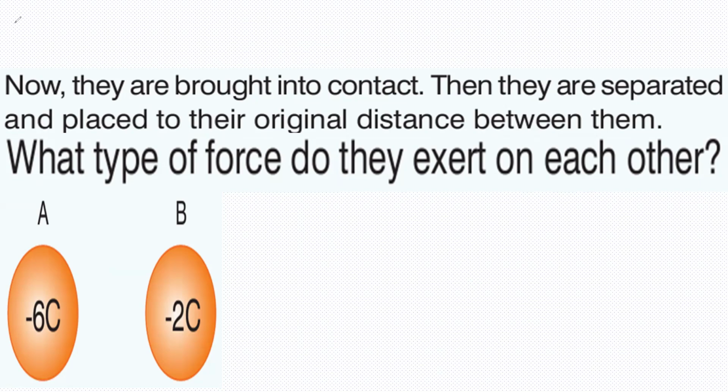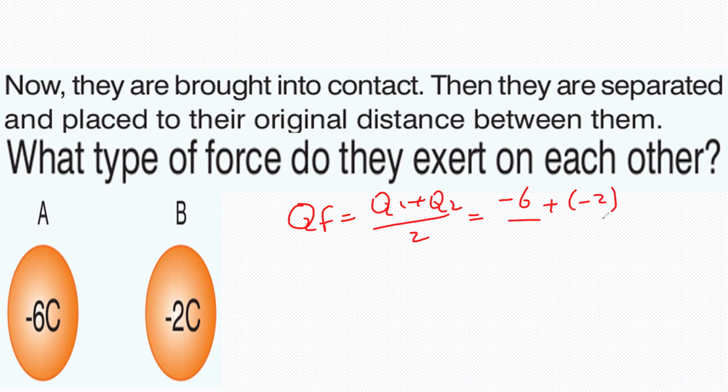Now, what we know is that when they touch each other, they get the same charge. They don't ask you to calculate it, but if you calculate, we are going to use this way. Q final is equal to Q1 plus Q2 over 2, first charge plus second charge over 2, equals -6 plus -2 over 2, getting -4 coulombs.